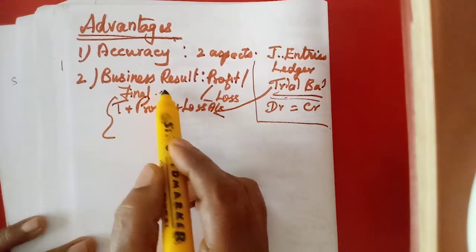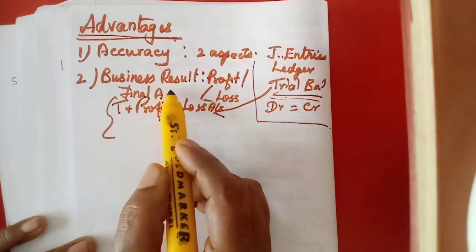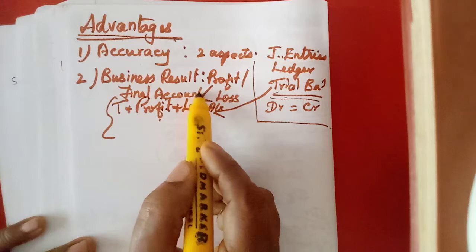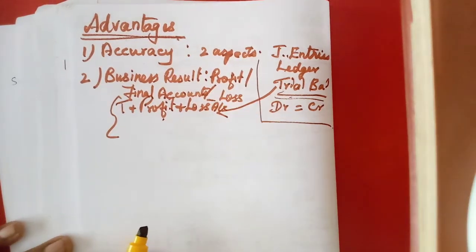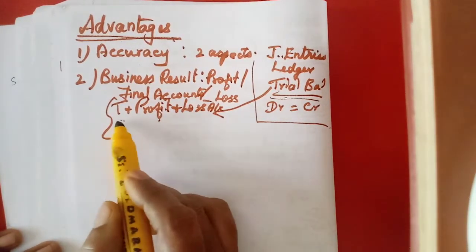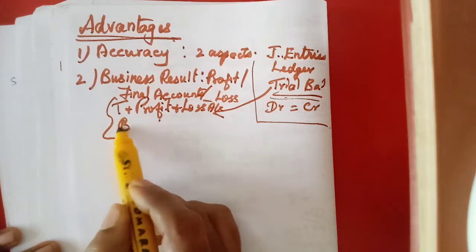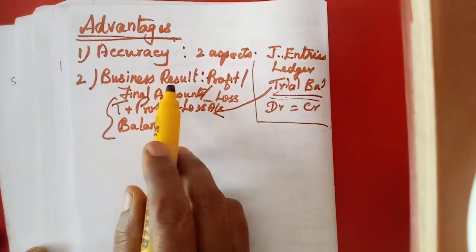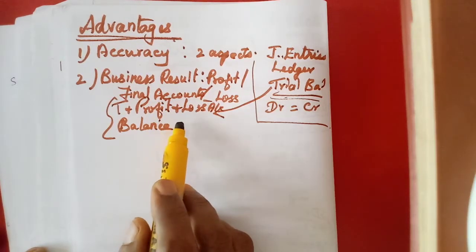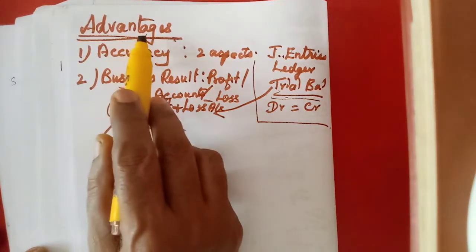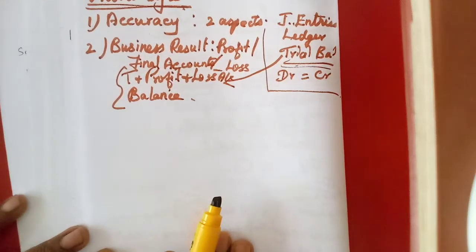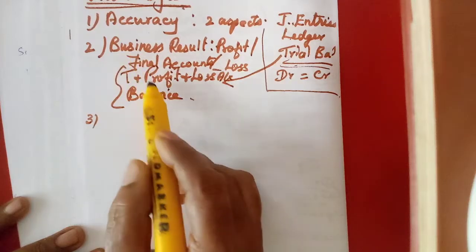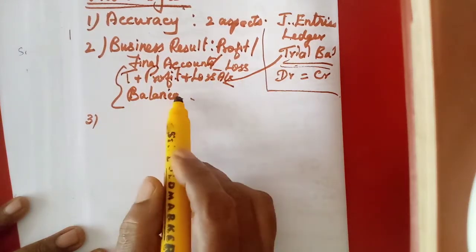At the end of the financial year we prepare these final accounts, or financial statements. The other financial statement is the balance sheet. From the balance sheet, we can ascertain the financial position. These can be prepared because of this double entry system, because we are provided with all the information that is needed to prepare the profit and loss account and balance sheet.